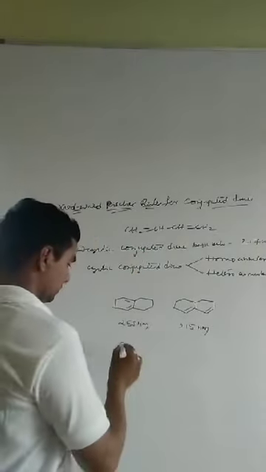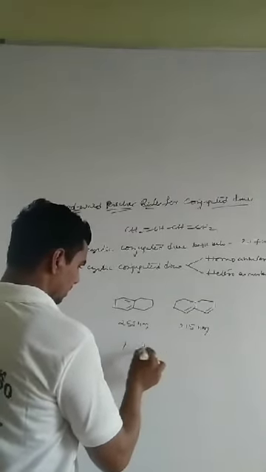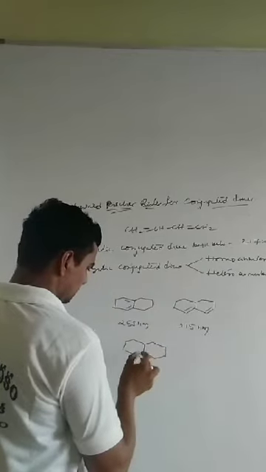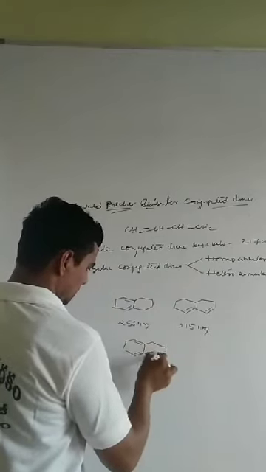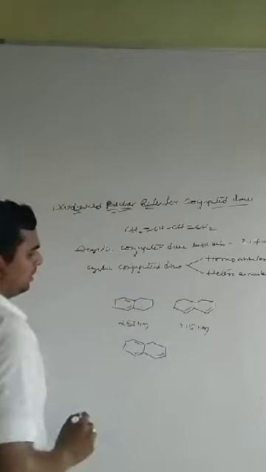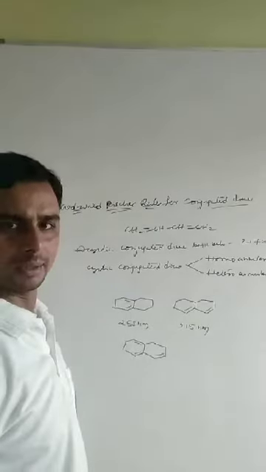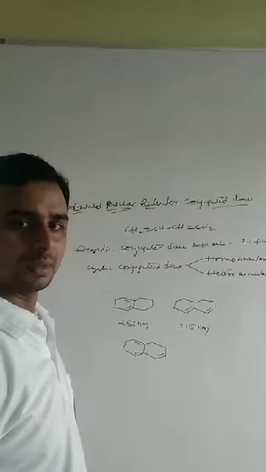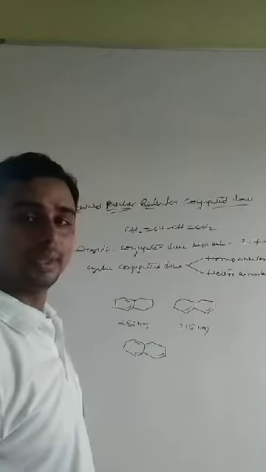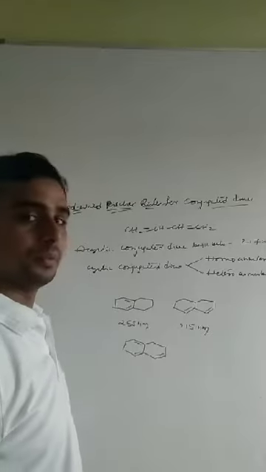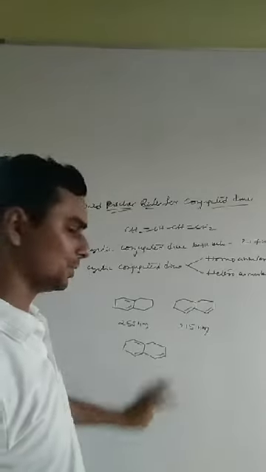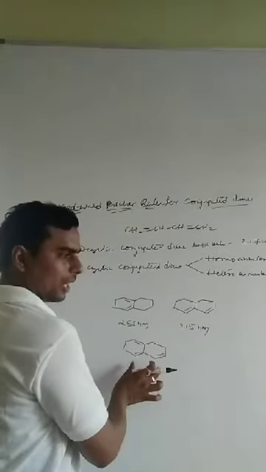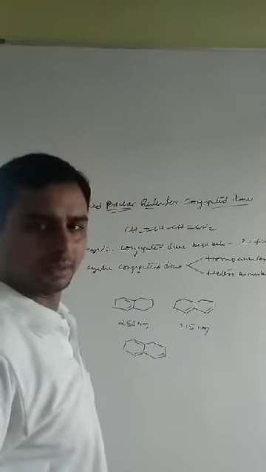I will ask you one question. If a cyclic conjugated diene has two types of annulars, both present in one molecule, what will we take as the basic value of this molecule? Here the molecule has both heteroannular and homoannular.